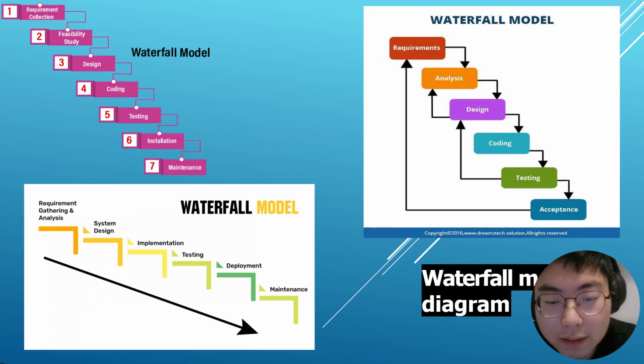The core of the waterfall model is linear and sequential. Each phase must be fully completed before the next one begins, and in practice, you can't go back to the previous phases. The advantage of this model is that it's simple to manage and the objectives for each stage are very clear.